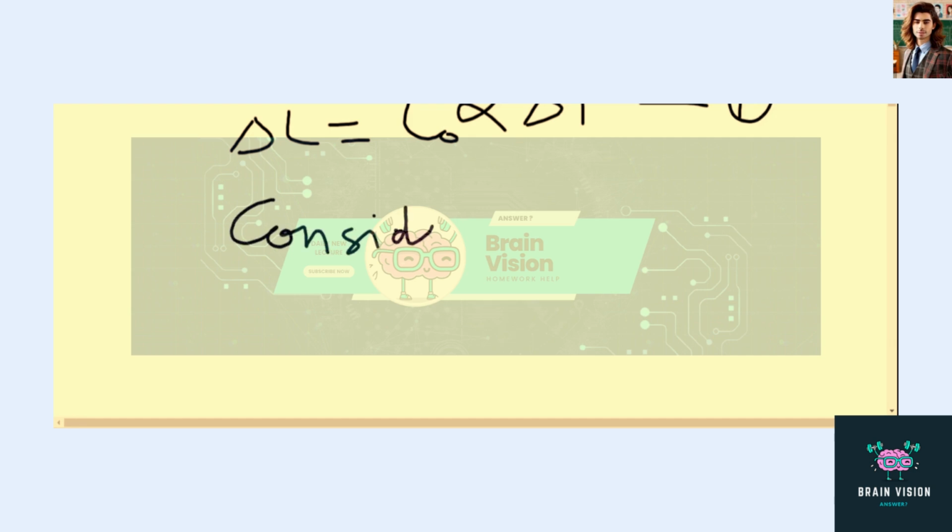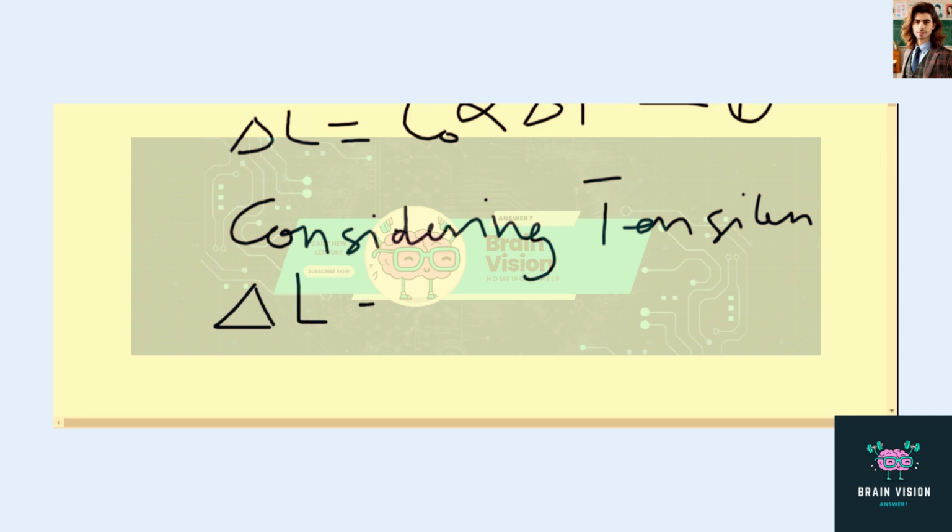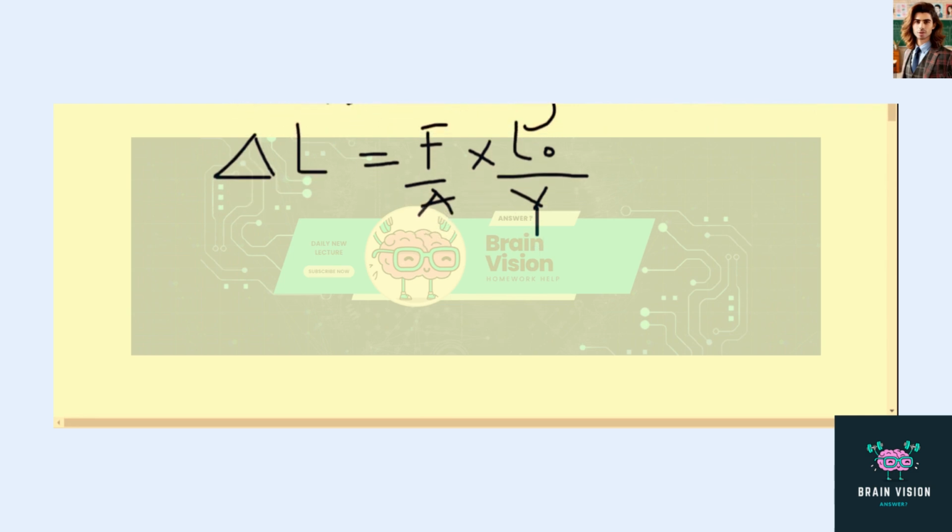Considering tension, we can see that the change in length is equal to F over A multiplied by the initial length divided by Y. Now, I picked this equation from Young's modulus, where we have Y equal to the stress over the strain, that is, F over A over delta L over L naught.